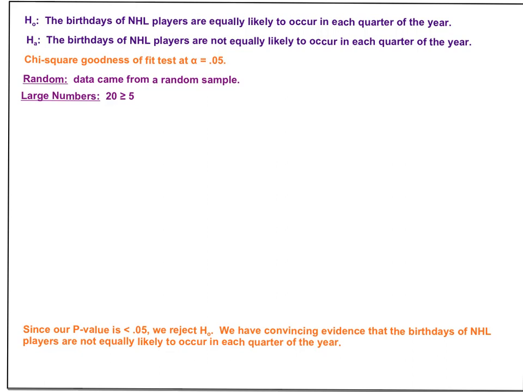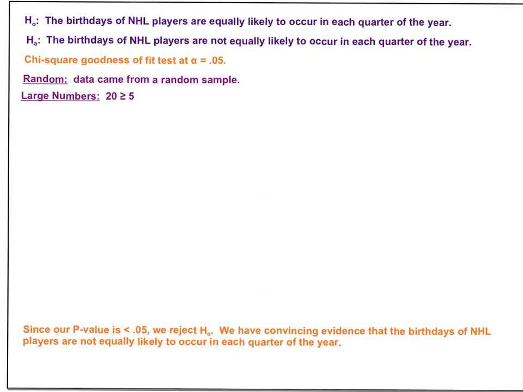H0 would say that the birthdays of NHL players are equally likely to occur throughout the whole year. Think of the observed and expected counts matching. HA just says the opposite, that they don't match or that they're not the same. They're not equally likely.